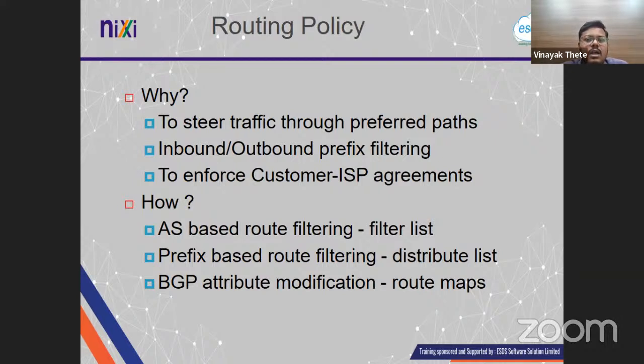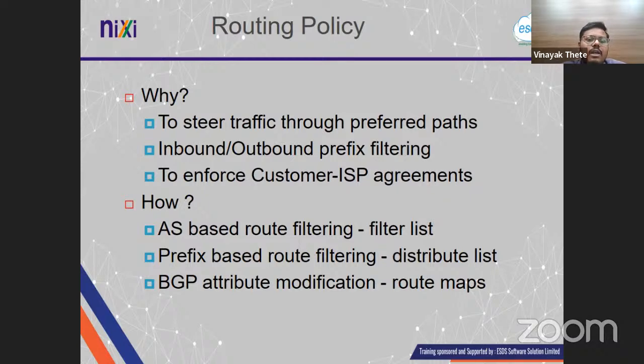Import policy is like taking what we want, and export is like giving what we serve. So these are the significance of both policies, and on both import as well as export policy, changes can be done.